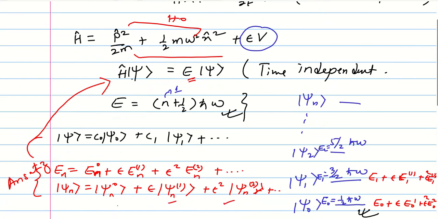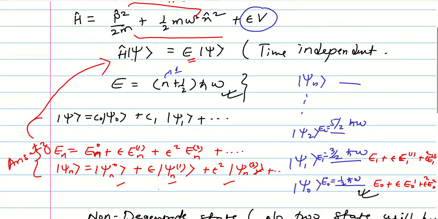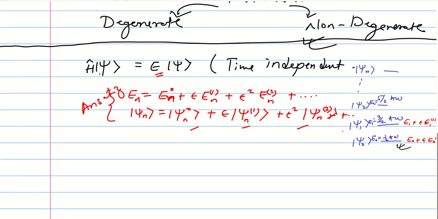Okay, so let's substitute these things in the equation. So H will be replaced by H naught plus this perturbative term.